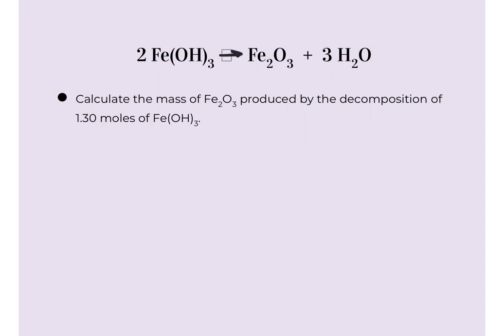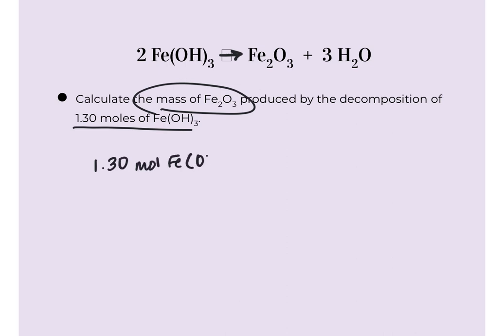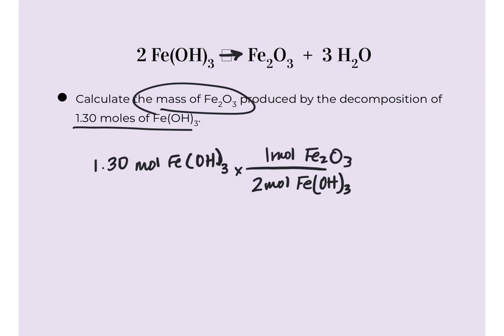Same balanced equation. In this case, we're going to calculate the mass of iron oxide if we're starting with 1.30 moles of iron hydroxide. So here, 1.30 moles of Fe(OH)3. I'm going to do the mole ratio step first. This allows me to convert into the iron oxide.